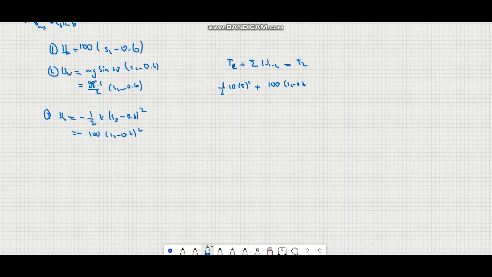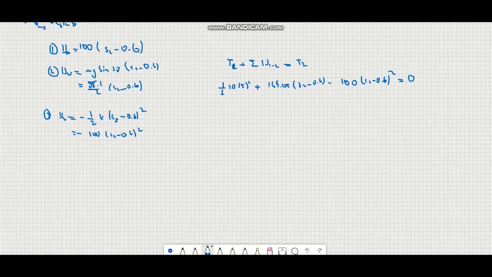Instead of this 100, I will write 149.05, which combines the force and the weight, times S2 minus 0.6, minus 100 times S2 minus 0.6 squared. This equals T2, and when the motion stops the velocity is 0, so 1 over 2 mv squared is 0.